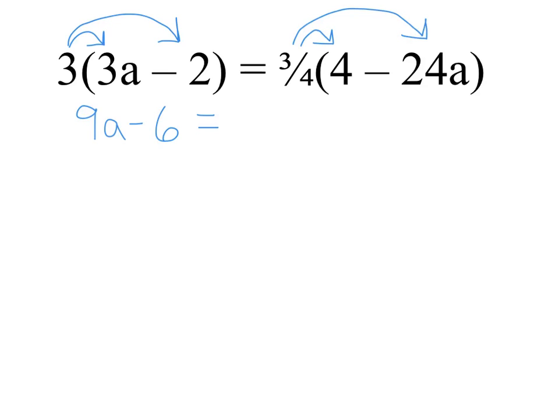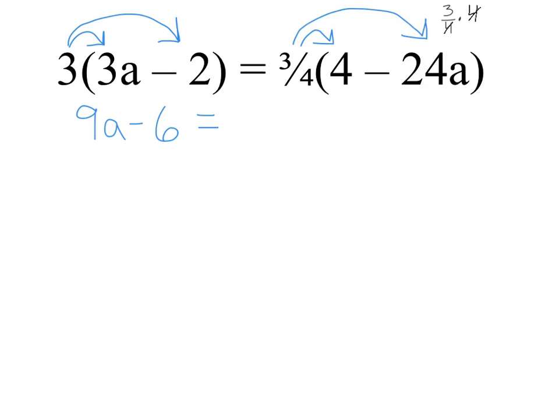So what we can do for this expression is, hold on, let me fix this. So we've got 3 over 4 times 4.